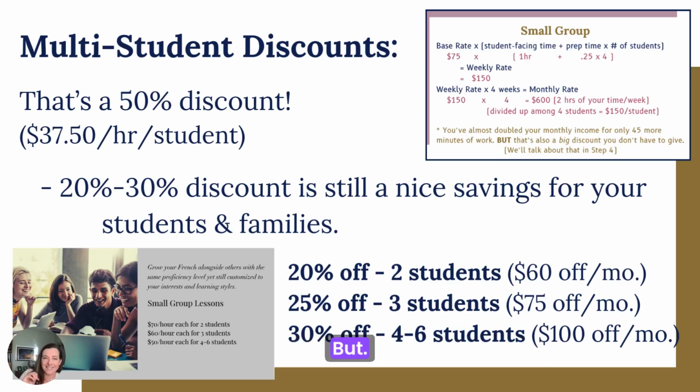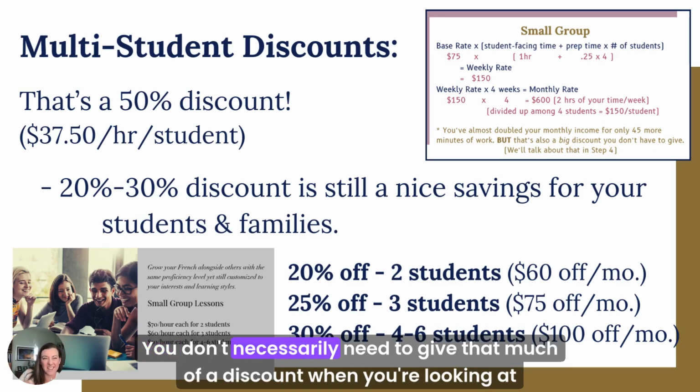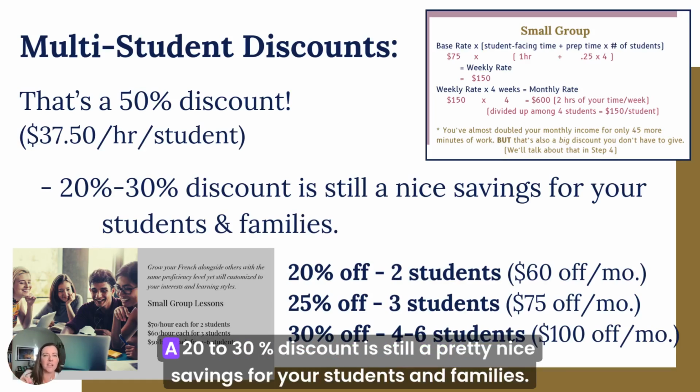session pricing. But you don't necessarily need to give that much of a discount when you're looking at multi-student pricing. A 20 to 30% discount is still a pretty nice savings for your students and families.